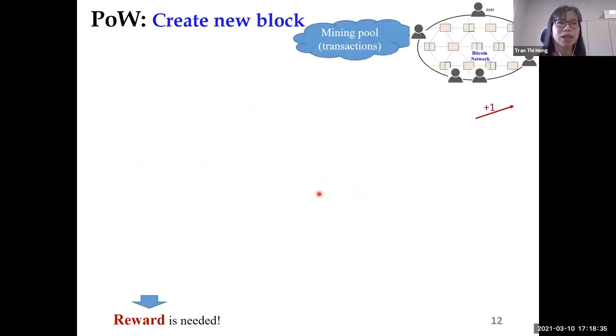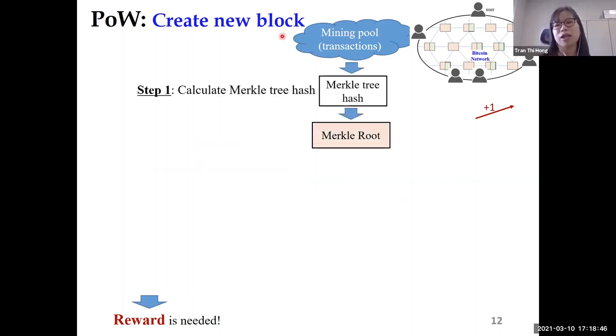Okay, so let's see how the proof of work creates new blocks. Let me give an example of the Bitcoin network. In the Bitcoin network, a lot of transaction data is put in the mining pools. To generate a new block, a miner needs to go through 3 steps. The first step is to calculate the Merkle tree hash of the transactions that he wants to write into the block.